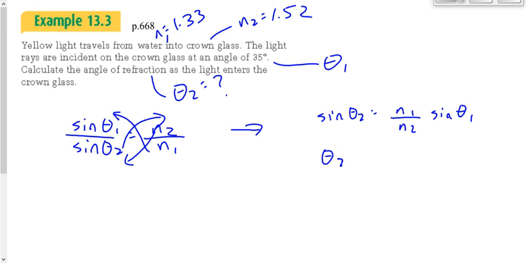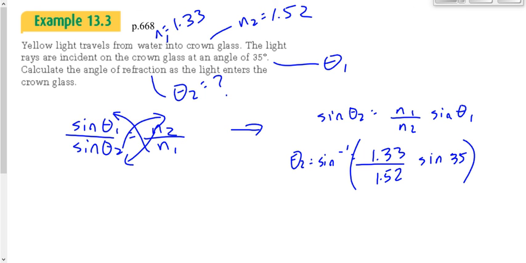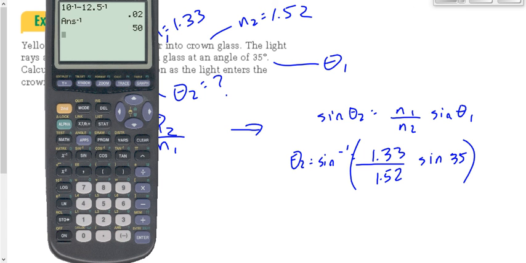Or theta 2 is equal to the inverse sine of N1 over N2 times sine 35.